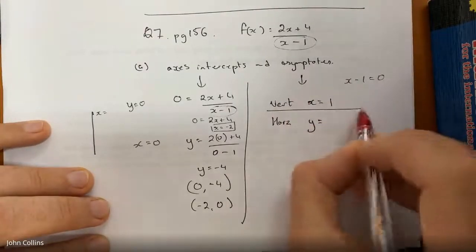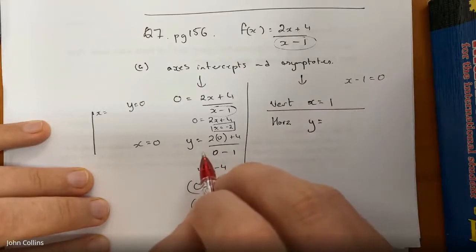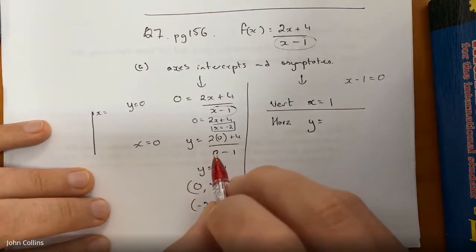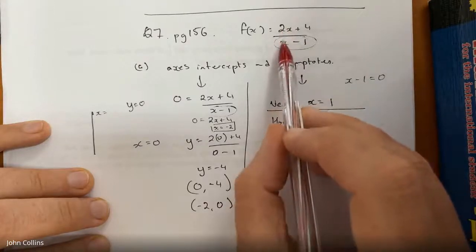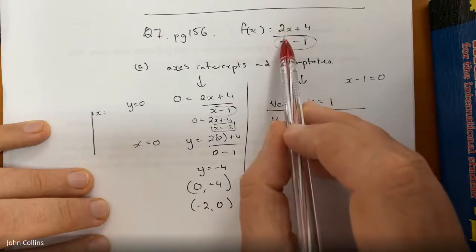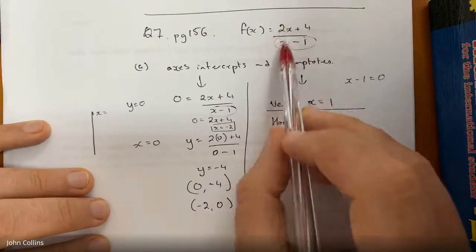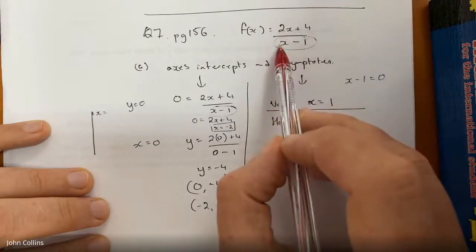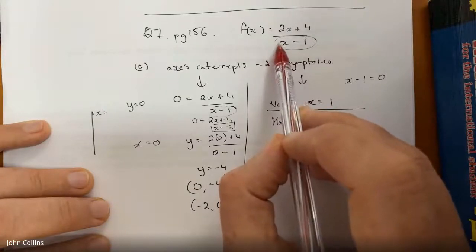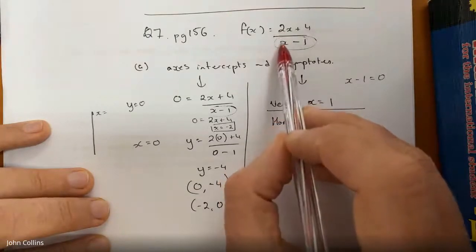That's the vertical asymptote. For the horizontal asymptote, we did a quick way of doing this: you balance it, these two have to cancel out, so you get 2x over 2x, you want to make them the same number.